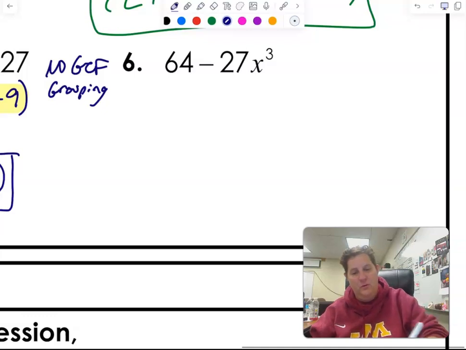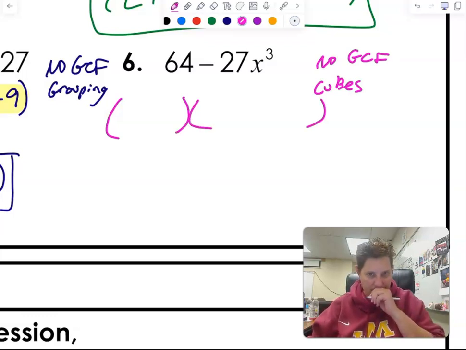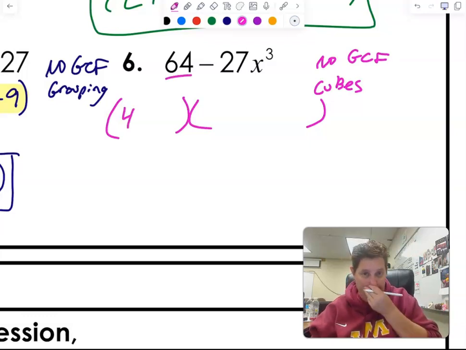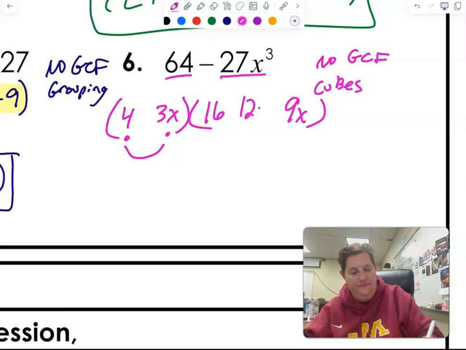Here's our last question. Okay, this one has no GCF, and it's a difference of cubes. So let's remember how to do it. It has a small parenthesis, a big parenthesis. First you say, what to the third is 64, which is 4. And what to the third is 27x to the third, which is 3x. And then you square that, join them together.